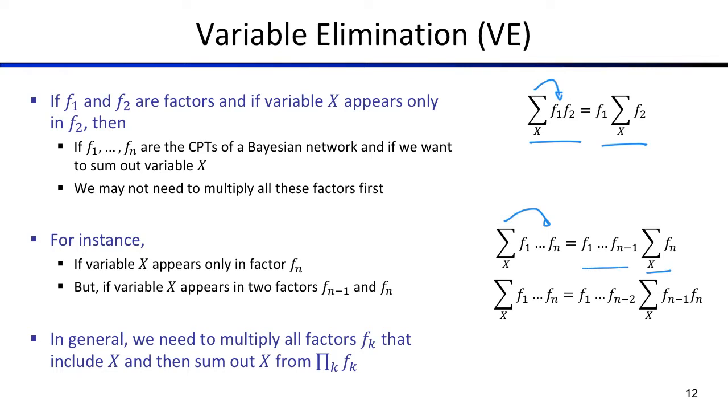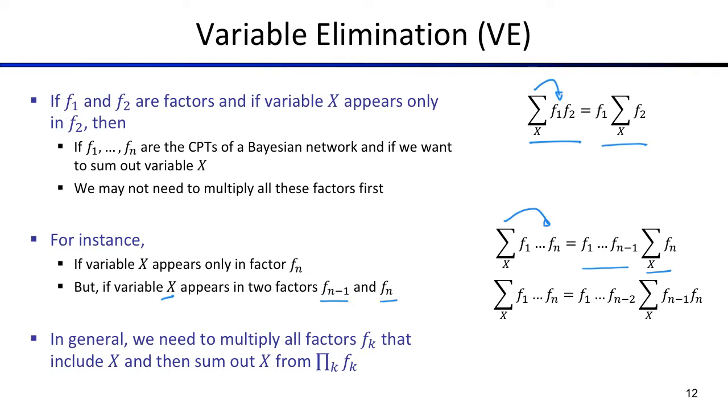In the case that the variable x is mentioned in more than one factor, we just have to take care to first multiply all the factors that mention variable x, and after that eliminate the variable. Let's suppose that the variable x is mentioned in the factors fn-1 and fn.